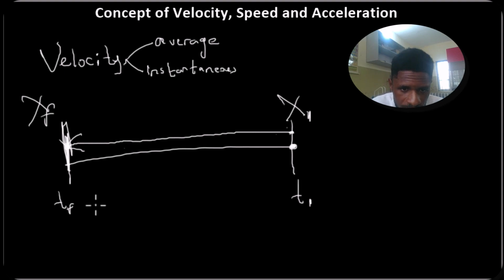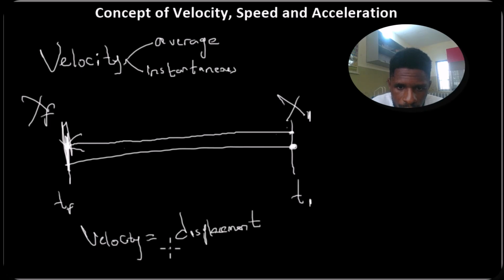So I can simply say velocity will be equal to displacement over time. Note, we didn't say distance, we said displacement. So when we take displacement and divide by the time, we're talking about velocity.